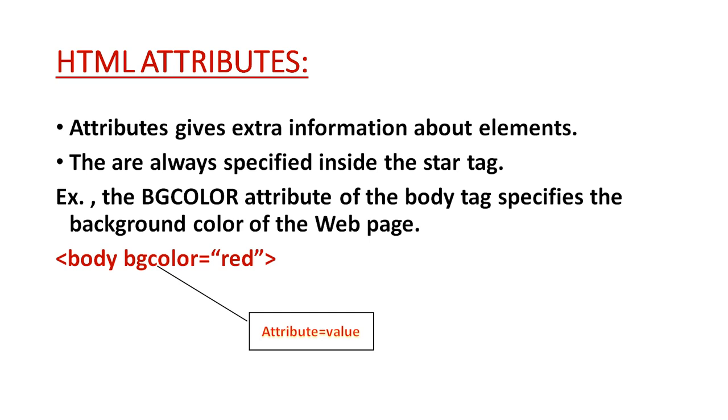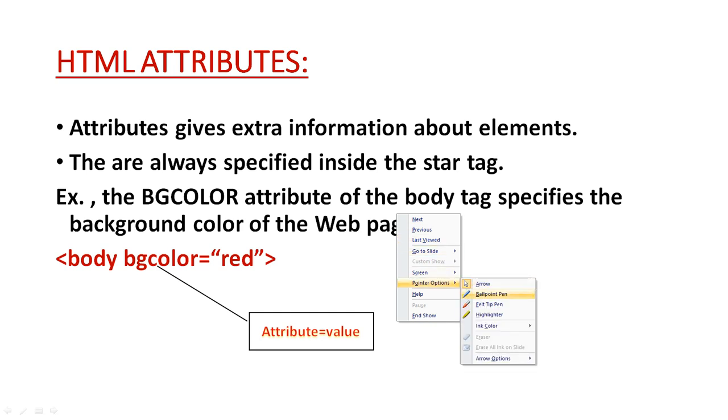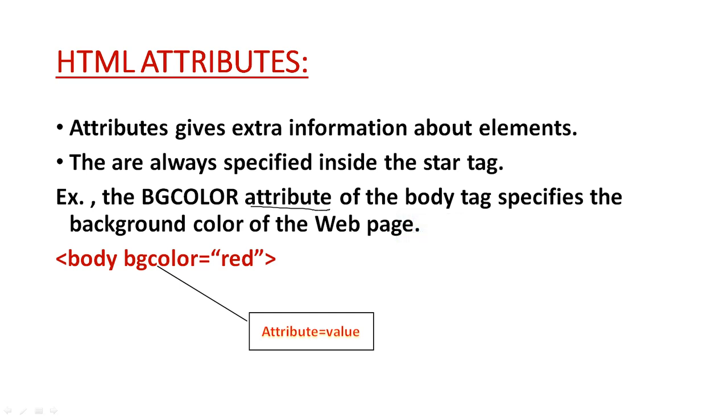For example, this bgcolor. Okay, the attribute of the body tag specifies the background color of the web page, as you can see in this tag here. The attribute value is bgcolor only.